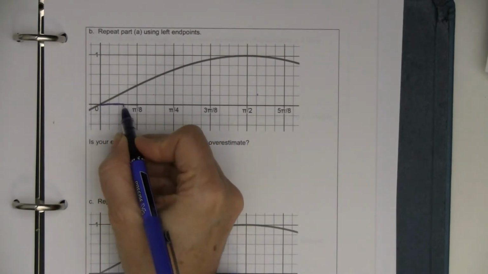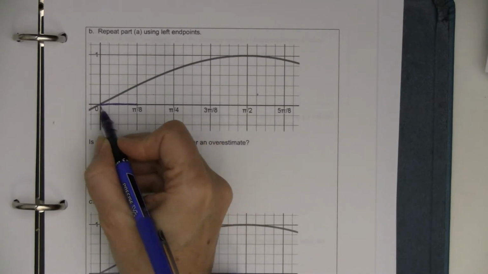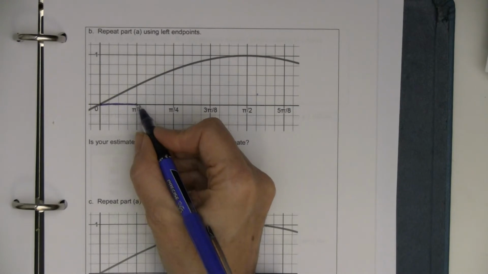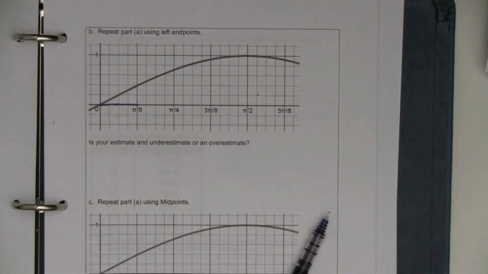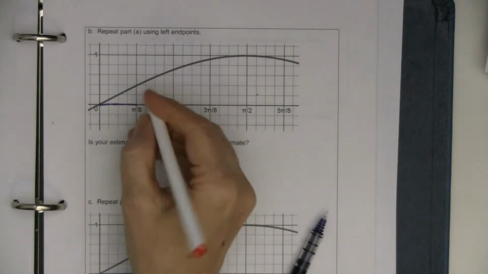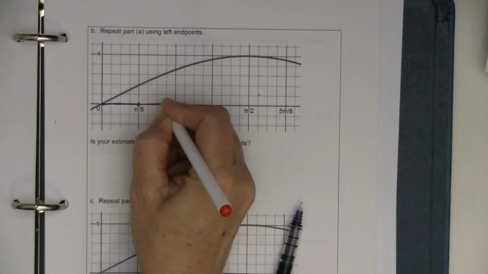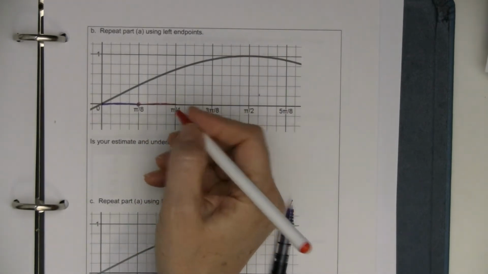So actually there's no rectangle here, right? Because you would use the left endpoint. And then for the next rectangle, if I had a different color pen, it would be going from right here, right? And they said to use the left endpoint.